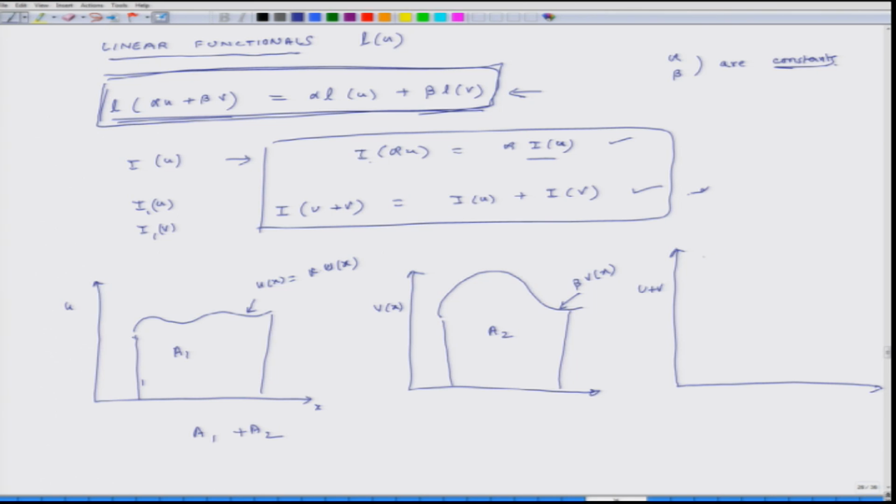I get some third curve, and this curve is represented by alpha times u plus beta times v. How do I generate this curve? I take individual points and add up the values for all the points. So I get the total sum of those two curves.